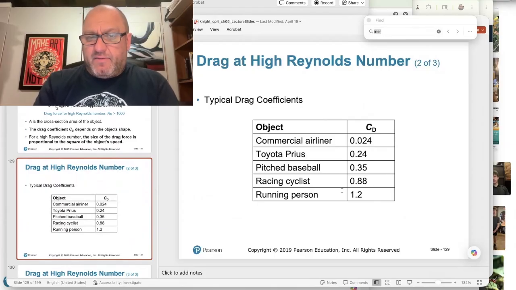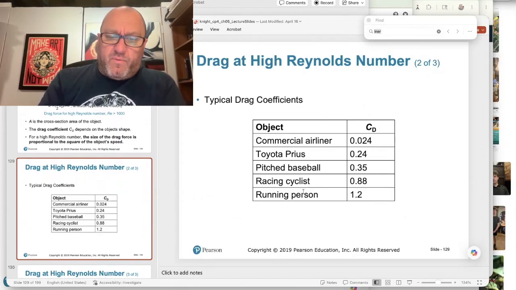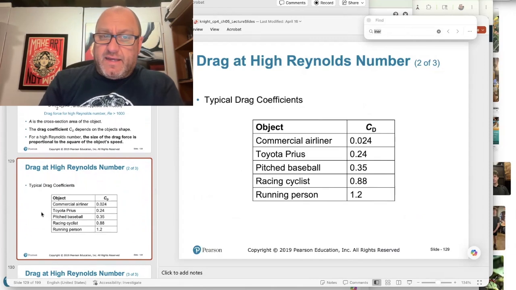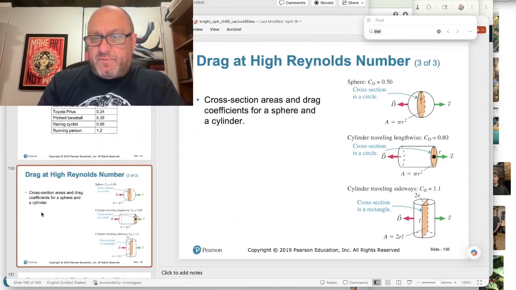For a person that's running, that number is 1.2. It totally depends on the object, right? The less aerodynamic an object is, the higher that number is going to be. Commercial airliners are pretty aerodynamic, and so that number is going to be really, really low.